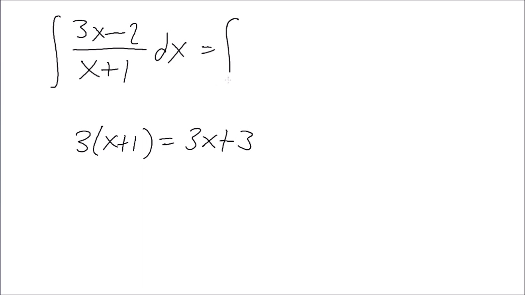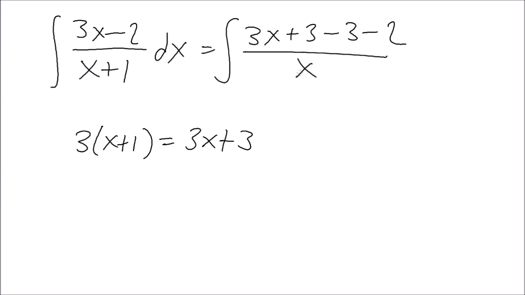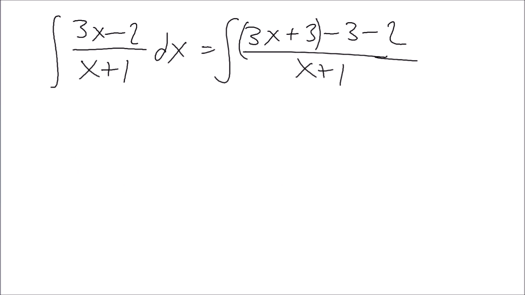So that means we would add 3 and subtract 3, and minus 2. Our zero substitution, right? Because we purposely made it that way so that x plus 1 cancels out.